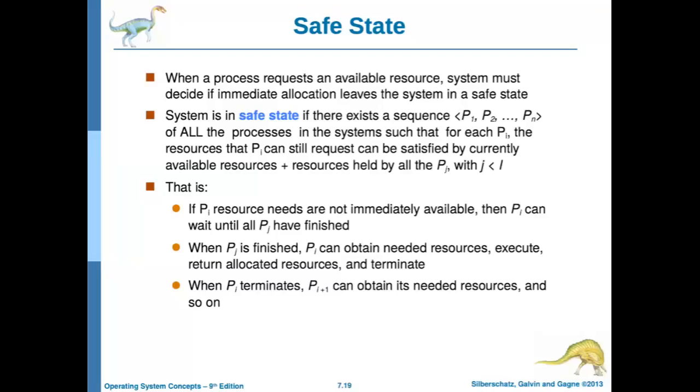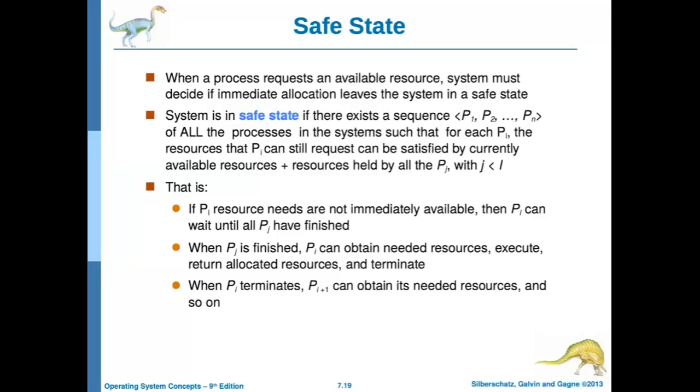So if a sequence of execution exists, then the system is in safe state. If the resources are not immediately available, no issues. The process will wait for others, and once the other process has finished, it will release the resources. The same thing is mentioned there: when Pj is finished, Pi can obtain the needed resources.